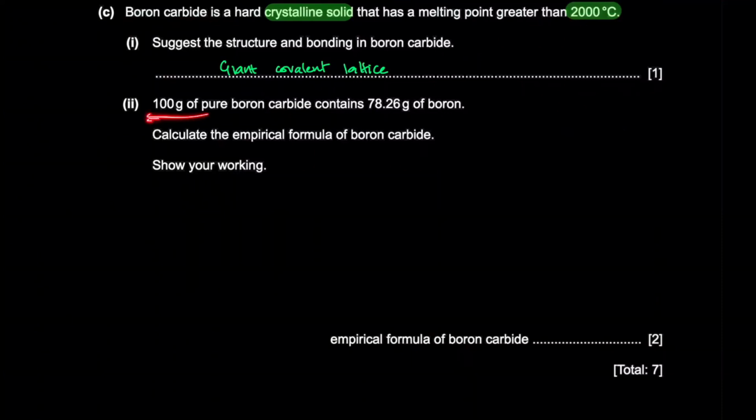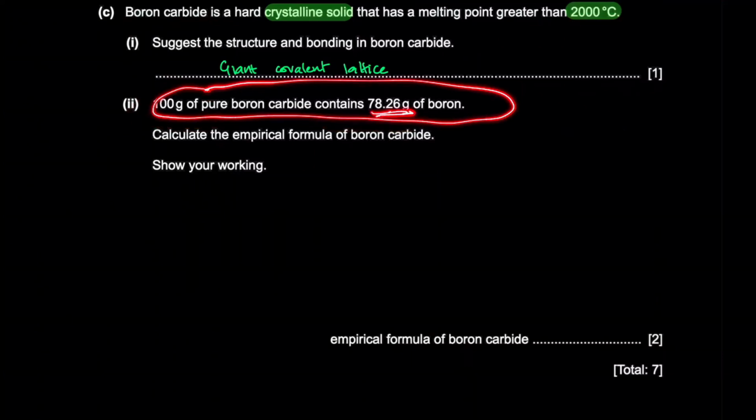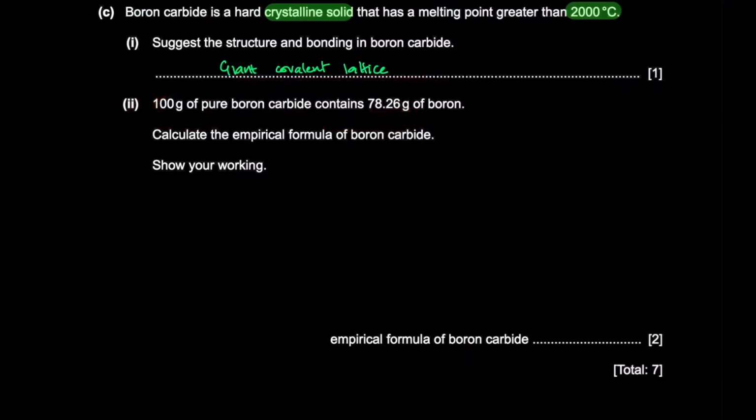Then you have 100 grams of pure boron carbide contains 78.26 grams of boron. Calculate the empirical formula. We've got boron and we've got carbon, right? We know it's carbon because of the name carbide, right? So we've got the masses given to us.